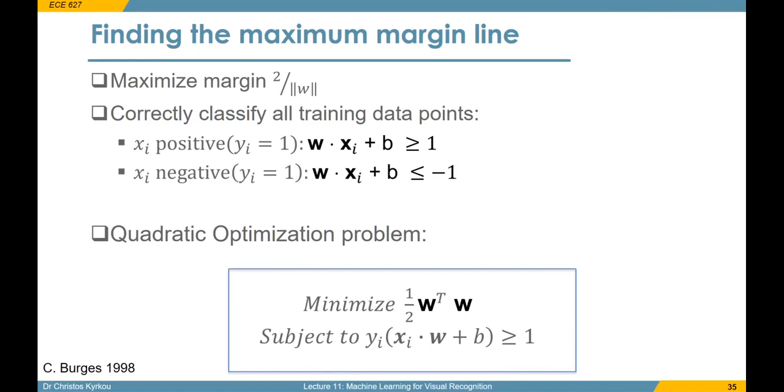If we maximize the margin, it's the same as minimizing W, so we want to minimize the norm of W divided by 2, subject to the constraint that the label of each point multiplied by (W x plus B) is greater or equal than 1.